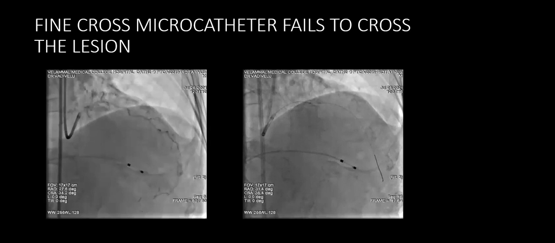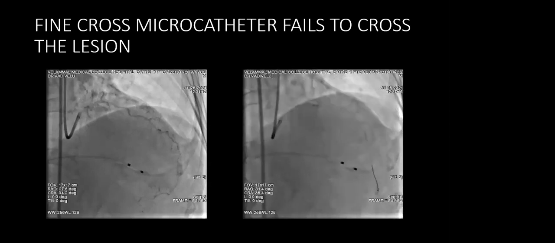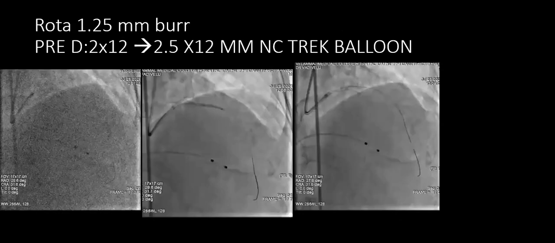The angiogram very clearly shows calcification. In such a patient, you can see even the microcatheter, the FineCross, is finding it very hard to cross that lesion. So it was changed. The RotaWire Floppy was parked across the distal lesion and kept in the distal LAD. And since FineCross could not cross the lesion, a 1.25 mm Rotaburr was taken.